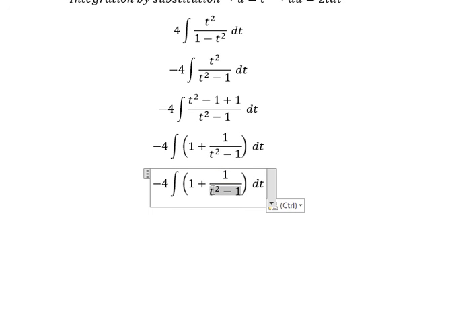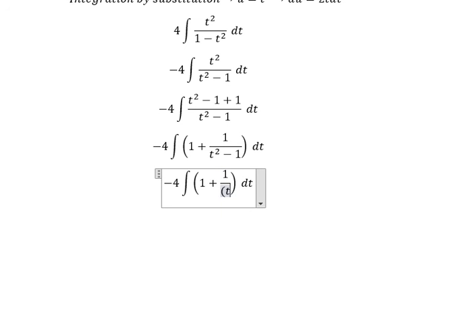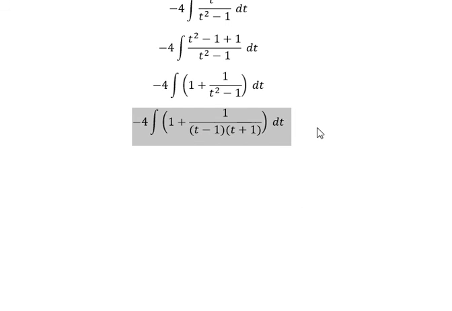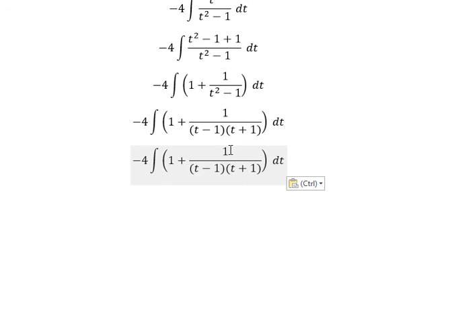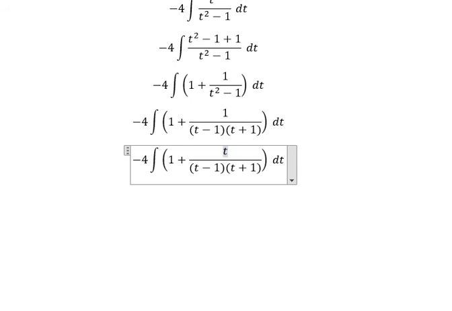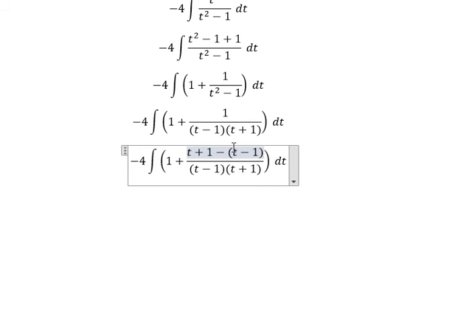So in here I will put t minus 1 multiplied with t plus 1. On the numerator, I will put t plus 1 minus t minus 1. Because negative, you get positive number 1. 1 plus 1 is 2.